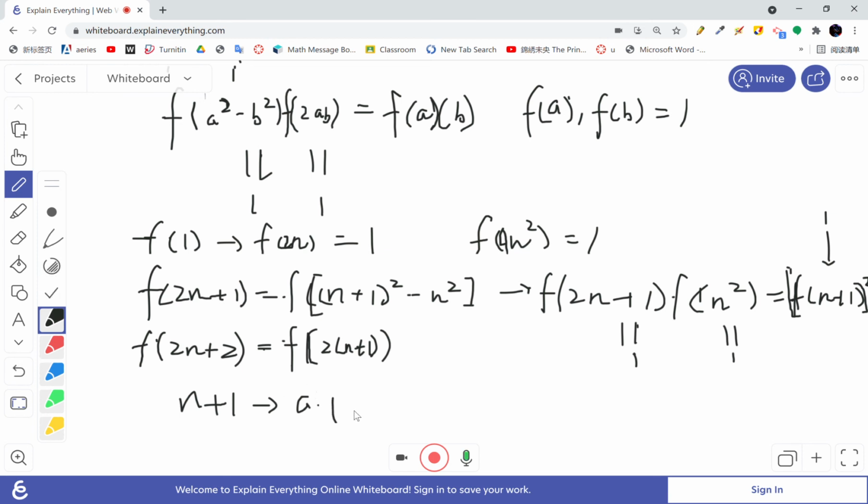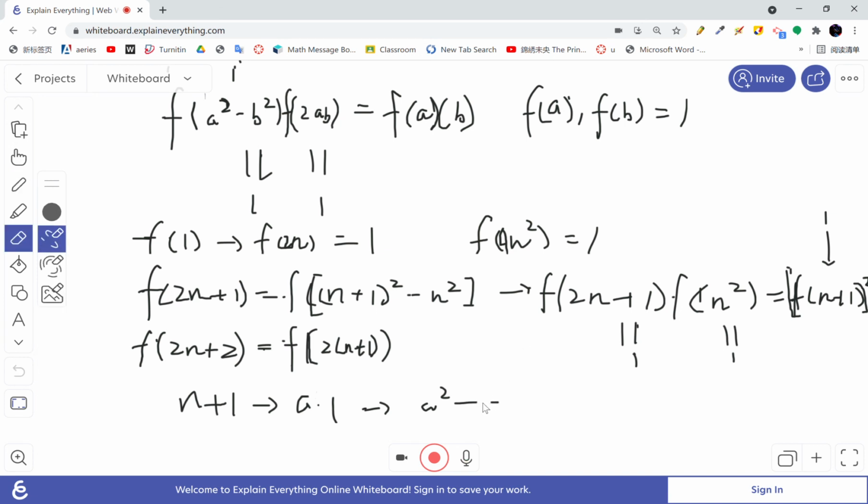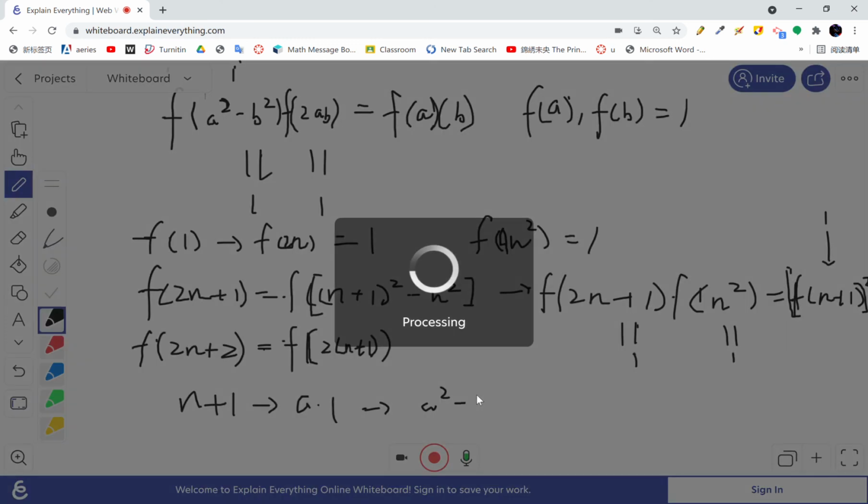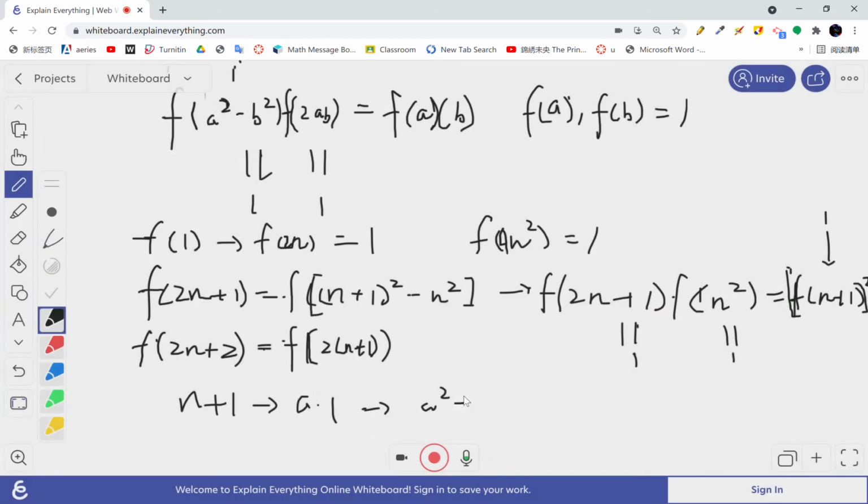Even if like this, then a square minus 1 square. Then a square. So even if this is the smallest case, then a square minus 1 square, a square plus 1 square, and 2n plus 1. It's going to be a triple.